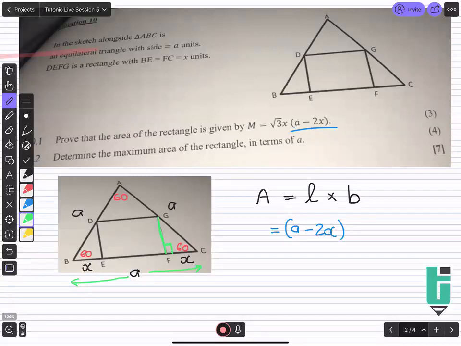Hamza, you want to help her? Anybody? Kai? Naima, do you have any idea? Going once? Is it Pythagoras? No, you can't use Pythagoras because we don't have the sides.